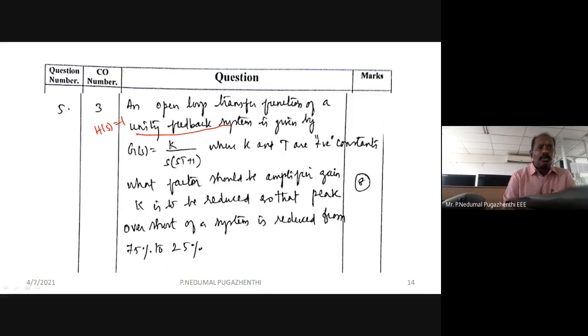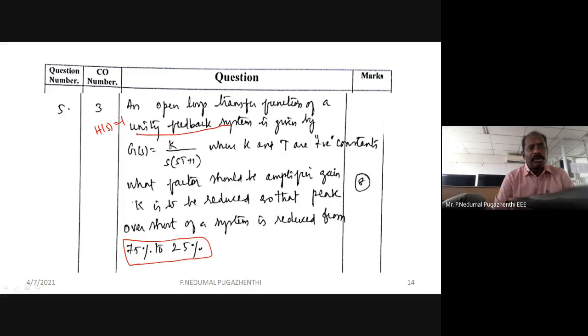By what factor should the amplifier gain K be reduced, so that the peak overshoot of the system varies from 75% to 25%? To reduce the available peak overshoot from 75% to 25%, what K value should be chosen?